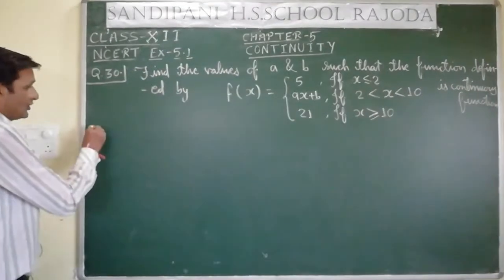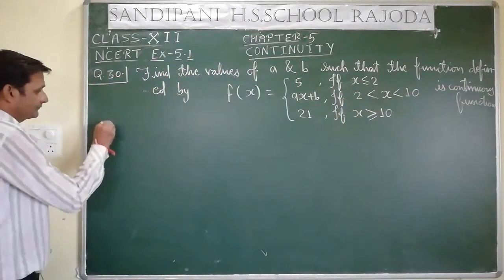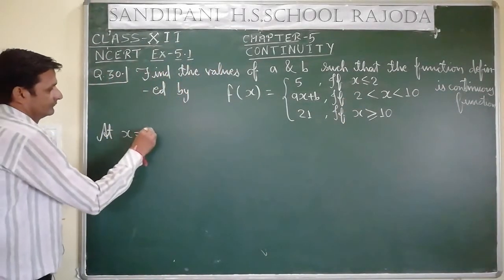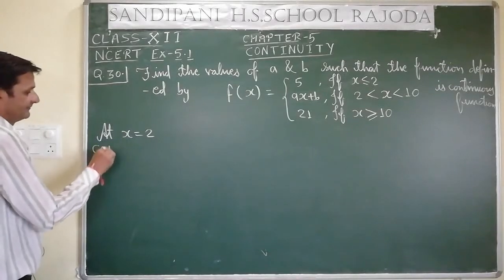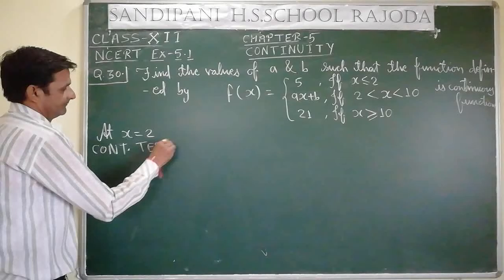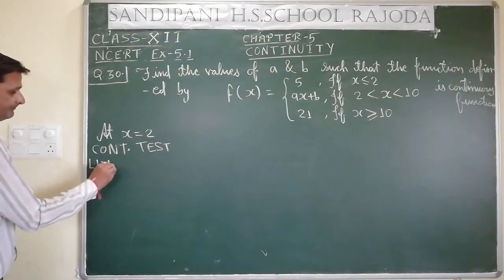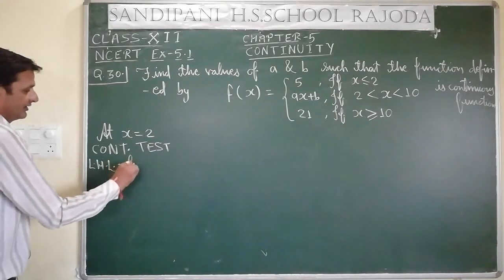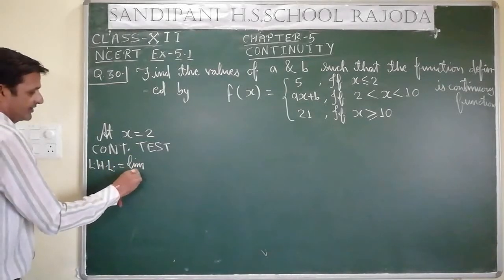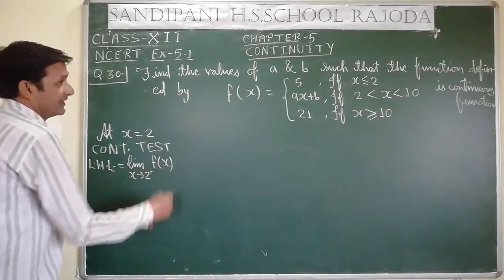So, at x is equal to 5 we discussed, now at x is equal to 2 we have to discuss first of all. At x is equal to 2, continuity test. LHL, that is equal to limit x tends to 2 minus f of x, means less than 2.